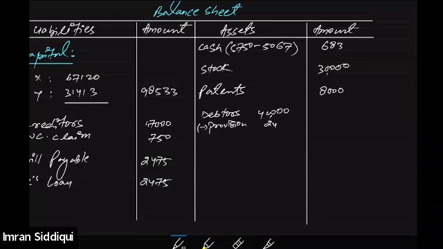That will be equivalent to 2400. We will subtract this and write down the remaining value, 37600. And then there was machinery as well, which reduced by 5,000, 10%. So 45,000 will be the remaining value. All right, so this is it. We have recorded everything in here. I don't think any other item is left to be written.